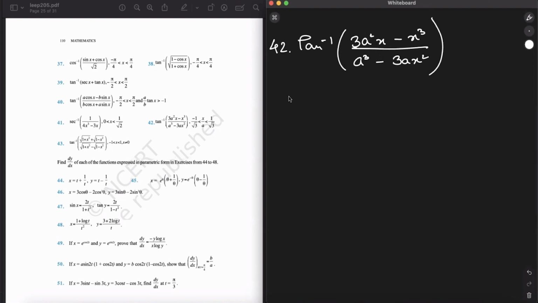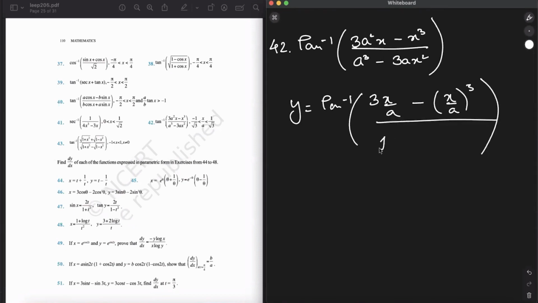So y is equal to this, and if I try to simplify it, I'll divide the whole thing by a cube. So let's see what that gives me. Alright, so what can I do?